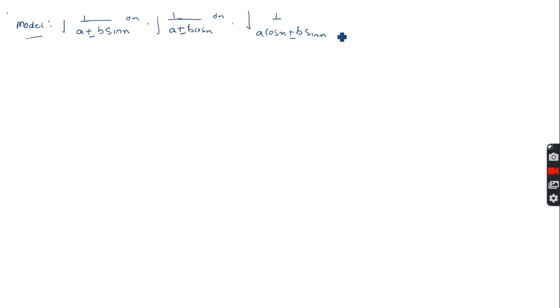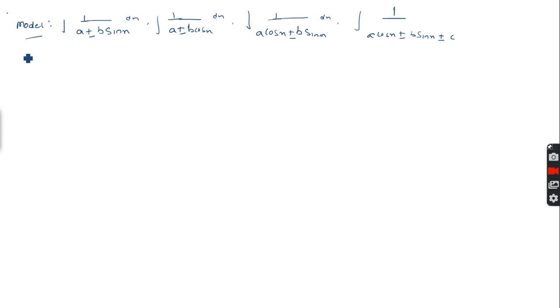So today's class is: what is the model? The model is one integral of the form 1 by a plus or minus b sin x into dx, or 1 by a plus or minus b cos x into dx, or you write 1 by a plus or minus a cos x plus or minus b sin x into dx, and the integral 1 by a cos x plus or minus b sin x plus or minus c.